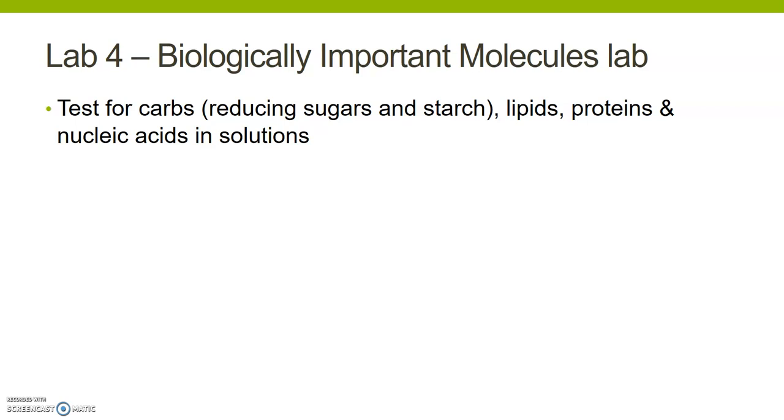So in this lab, you're going to be looking at what are called reducing sugars, which are simple sugars. And then you're going to be looking at one more complex sugar, which is starch. Then we are also going to be looking at lipids, which are fats. Again, fats have calories associated with them. As humans, we tend to talk more about what are called the triglycerides, but all fats are lipids.